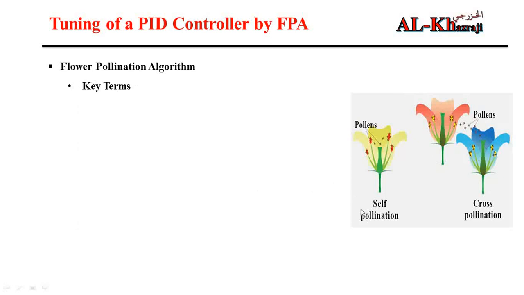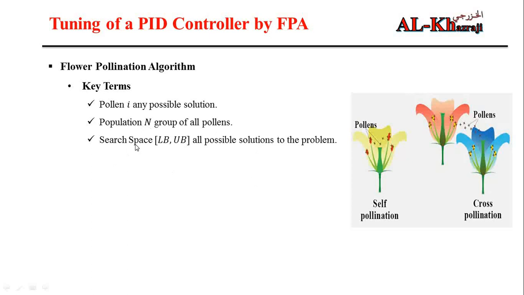Now, the key terms of the flower pollination algorithm are, first, the pollen, which is the possible individual solution, then the pollination, which is the population, the group of pollens. We need to define the search space, the lower and upper bounds of all the possible solutions. Now there are two processes, the local search and the global search. The local search is the same as self-pollination, and the global search is cross-pollination.